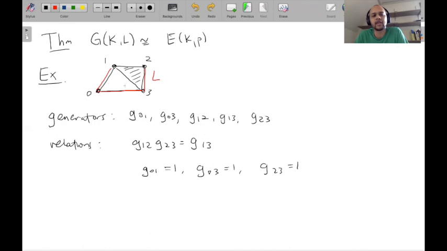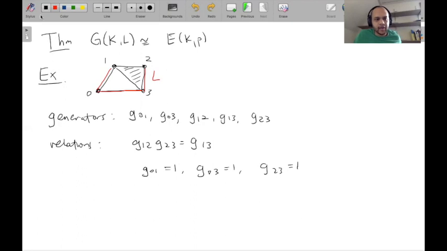And so the fundamental group of the geometric realization is the same as the fundamental group of the circle, since the fundamental group is a homotopy invariant. And we know the fundamental group of the circle is Z. So this is the answer that we expect to get.